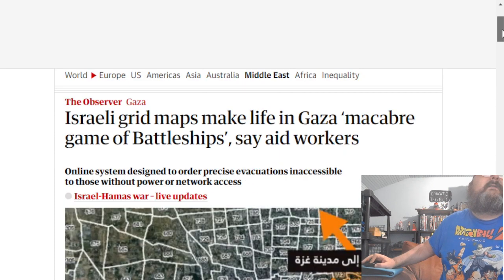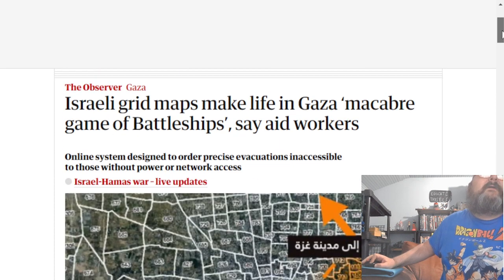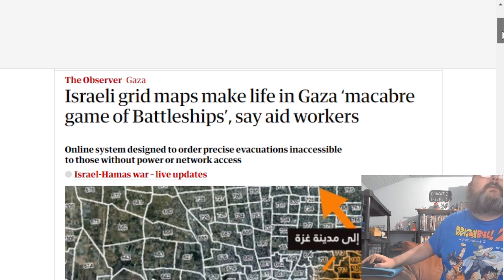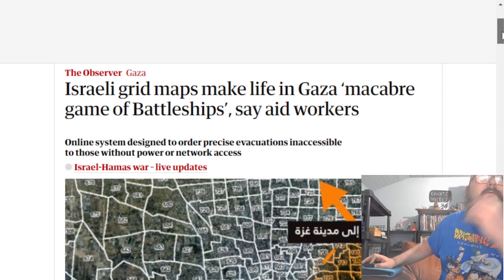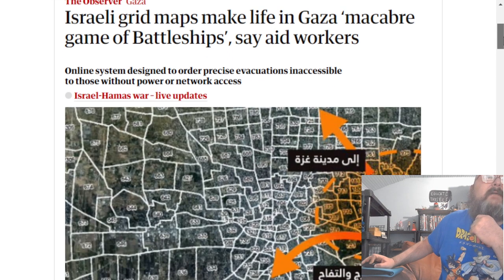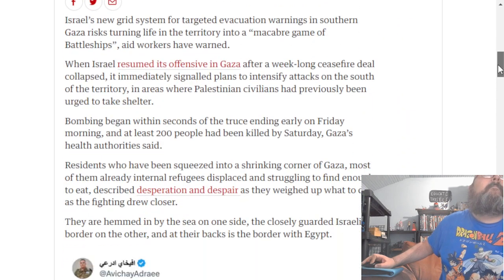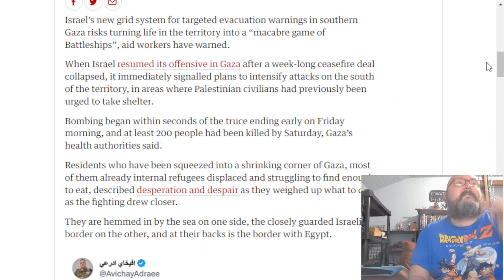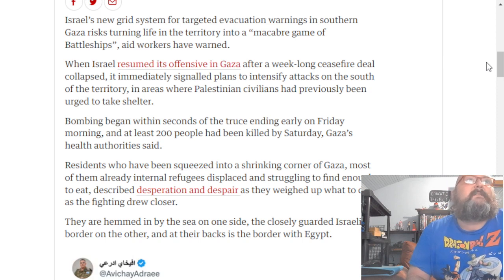Also from The Guardian, Israeli grid maps make life in Gaza a macabre game of battleships, say aid workers. Online system designed to order precise evacuations inaccessible to those without power or network access. Israel's new grid system for targeted evacuation warnings in southern Gaza risks turning life in the territory into a macabre game of battleships.